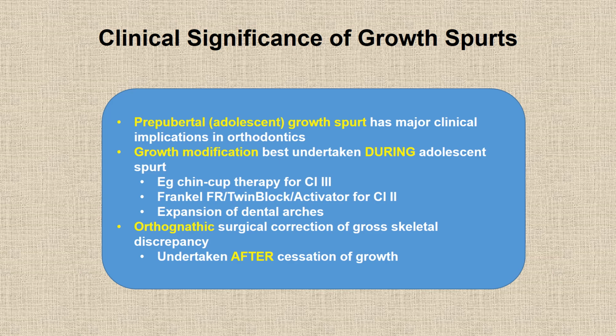For example, chin cup therapy for class 3 patients, a Frankel function regulator, twin block, or activator for class 2 skeletal correction, and expansion of dental arches. So these are best done during the growth spurt. On the other hand, orthodontic surgical correction of gross skeletal discrepancy needs to be undertaken after cessation of growth.